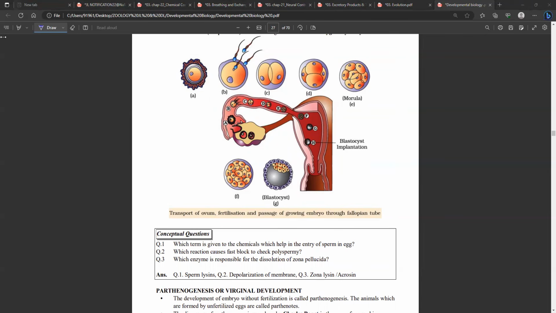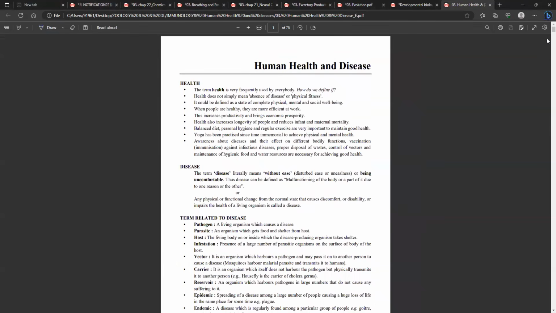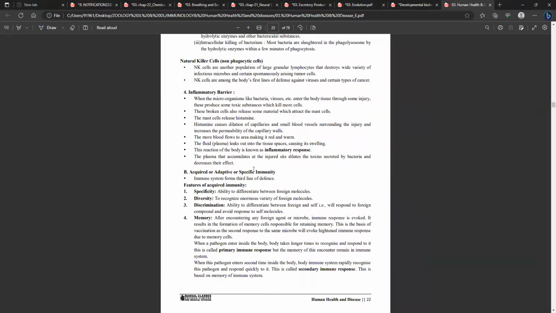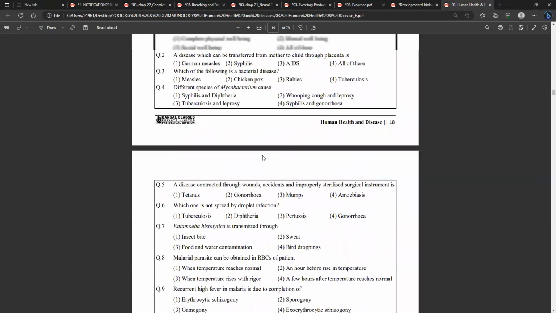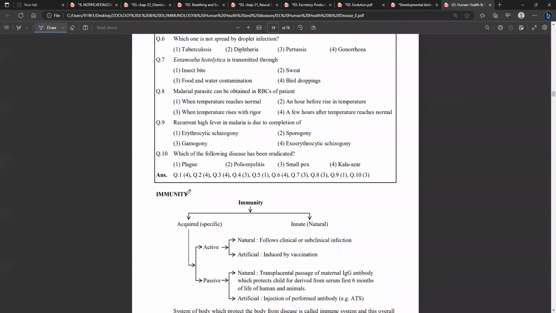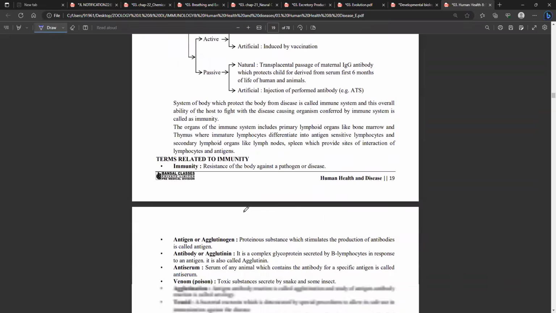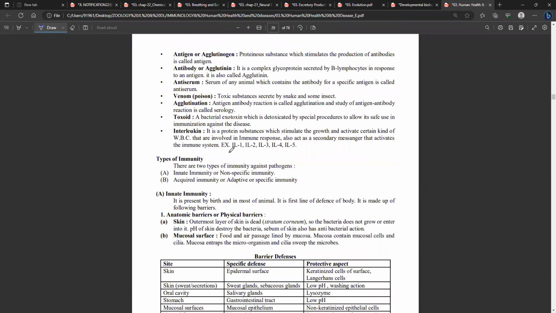Then immunology. So friends, what we have to read in the topic of immunology, I have already told you that in the chapter of immunology, they have very specifically mentioned in our syllabus. Immunology is easy, in the sense they mentioned very clearly without confusion. So first, you have to start with all the cells of immunity.